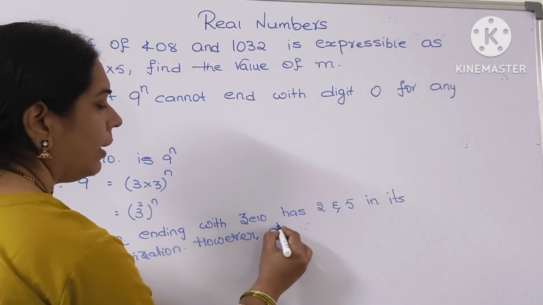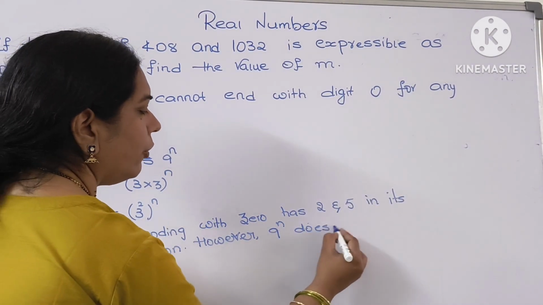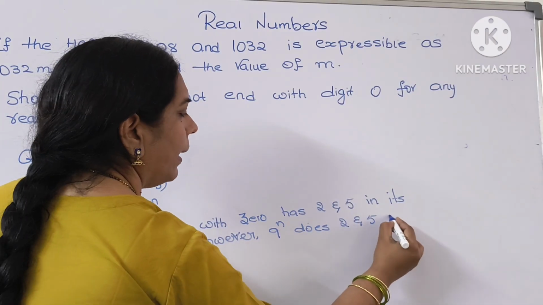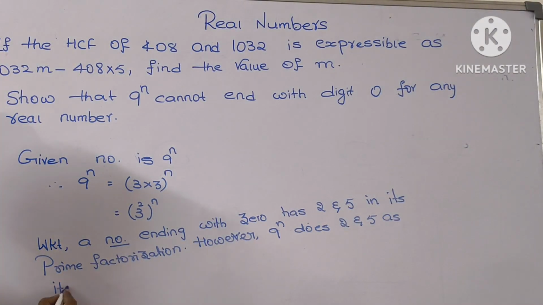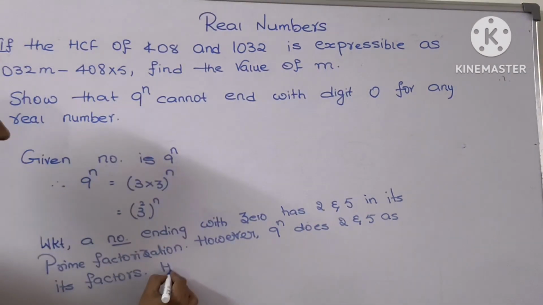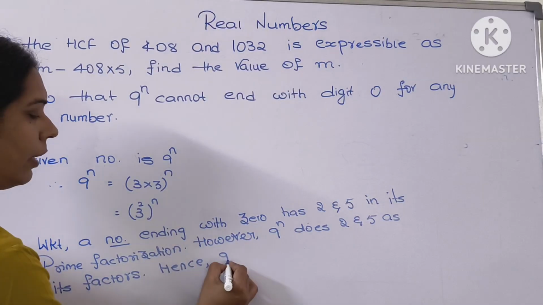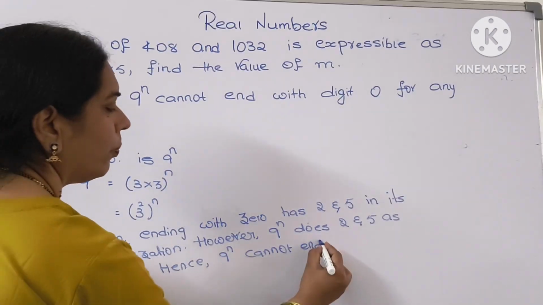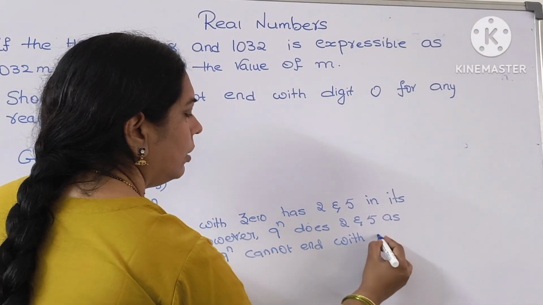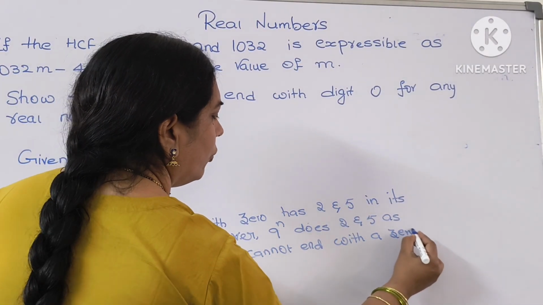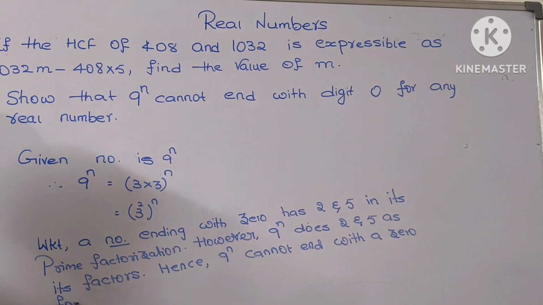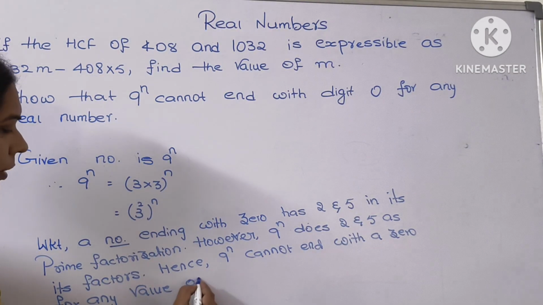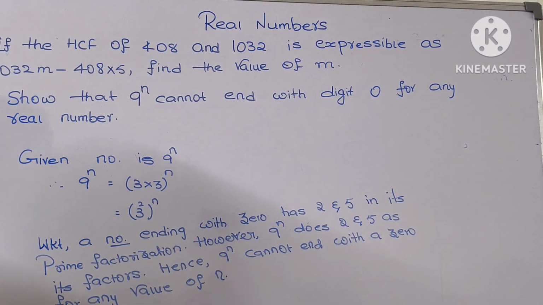However, 9 power n doesn't have 2 and 5 as its factors. Hence, 9 power n cannot end with a 0 for any value of n. This is how you have to write the theoretical questions.